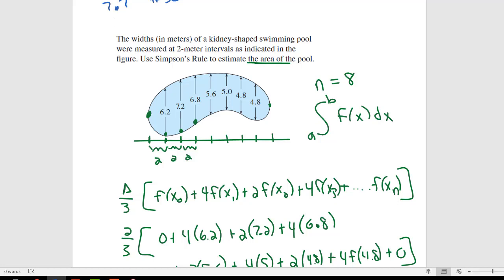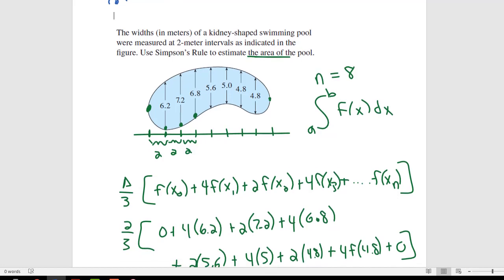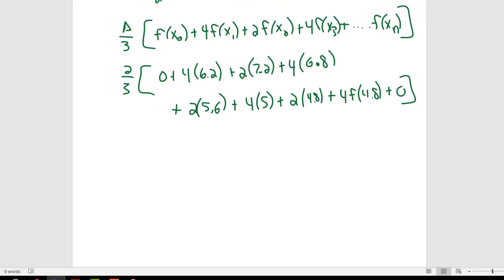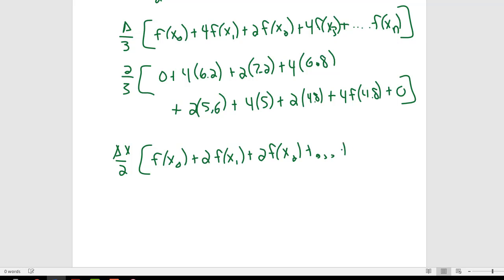Now, if we look at trapezoidal rule, remember, trapezoidal rule is basically delta x over 2, and then we're going to have f at the first value, and then 2 of all the others, and then just 1 of the last. So I'm going to basically repeat what we just wrote. Our delta x was 2, and then we're going to write down all these same values.